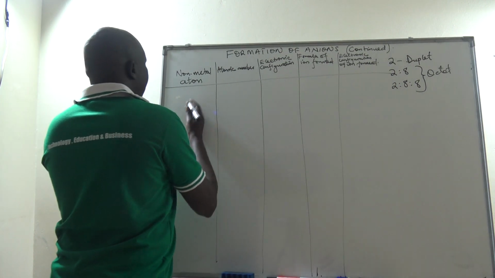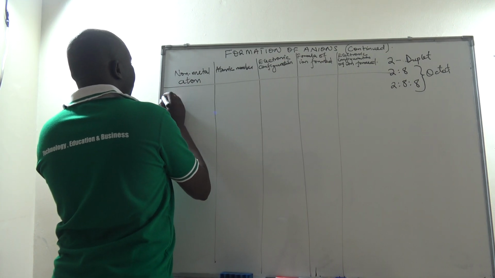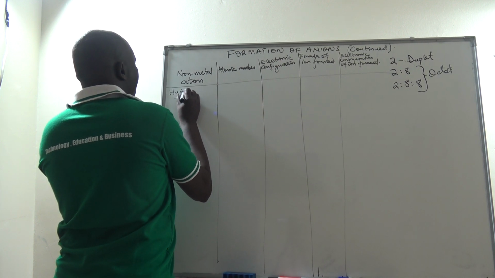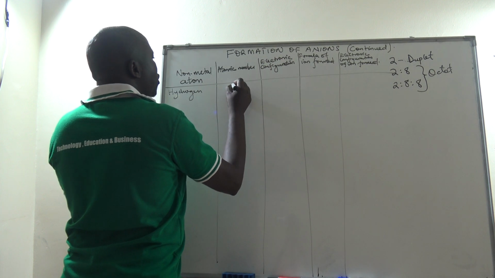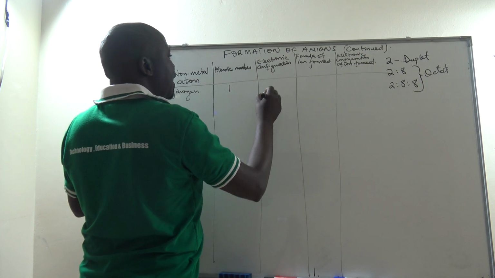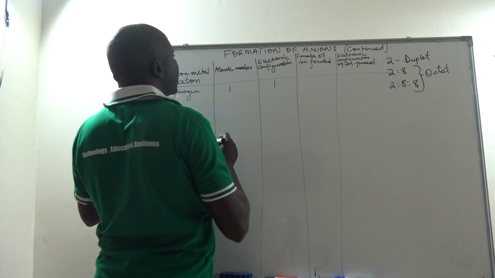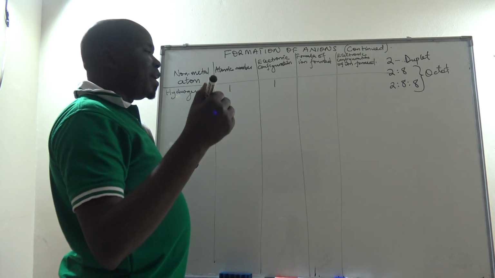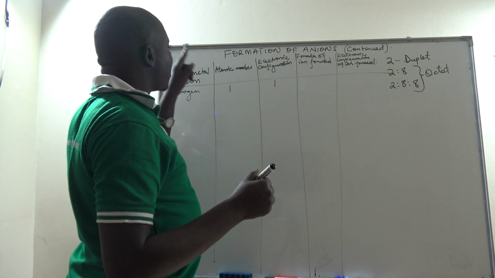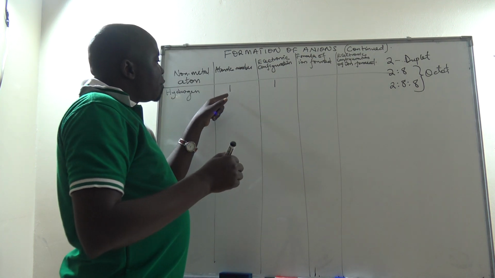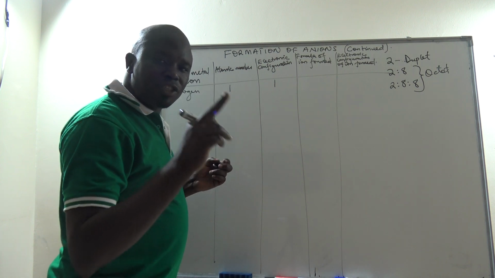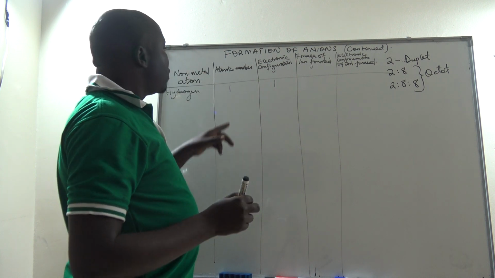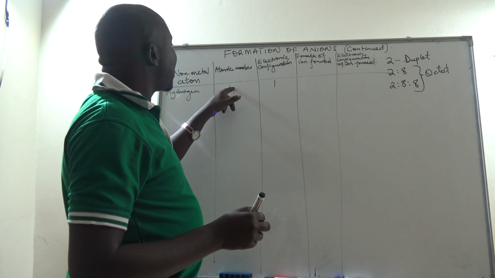So let us look at the element which is hydrogen. The atomic number is 1, the electronic configuration is 1. Now, since hydrogen has 1 electron in its outermost shell and it is a non-metal element, in this case it is behaving as a group 7 element because the outermost shell is just the first shell, which requires 2 electrons in order for it to be full. So that means it requires just 1 electron to fill it.